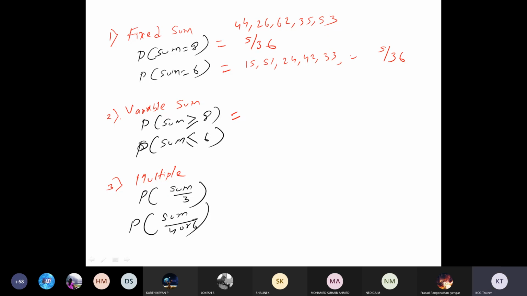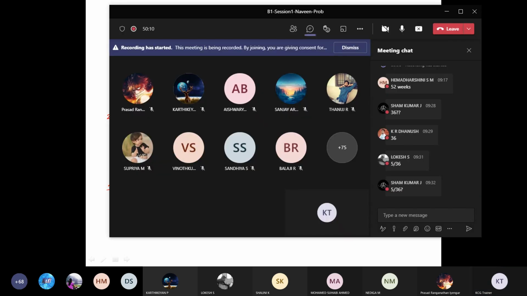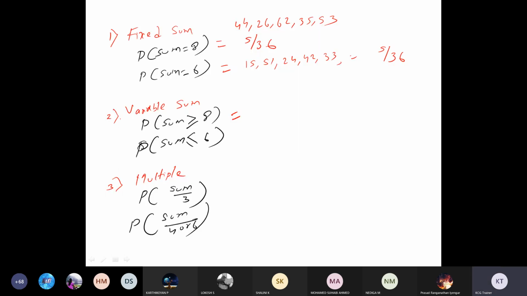So you can see clearly how much time we are taking to calculate such types of questions. Anyone tell me greater than equal to 8.